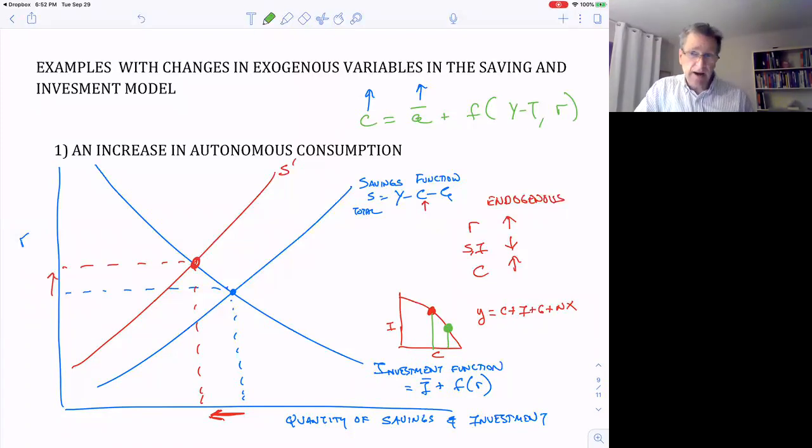And a little bit higher level of consumption means a lower level of savings. At least private savings is going to fall. Here we're holding G and T constant, so that means public savings isn't going to change. So savings and investment is going to fall.